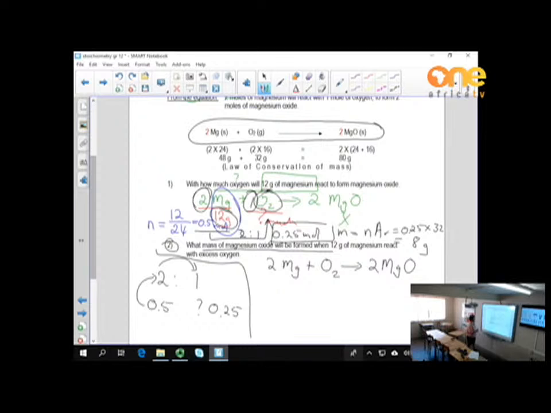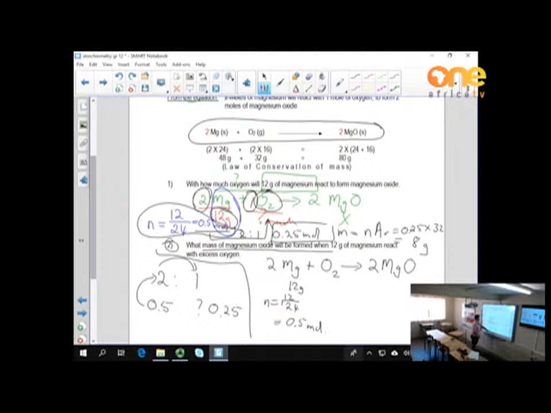So if we have 12 grams of magnesium, then the number of moles is 12 over 24, which is equal to 0.5 moles.